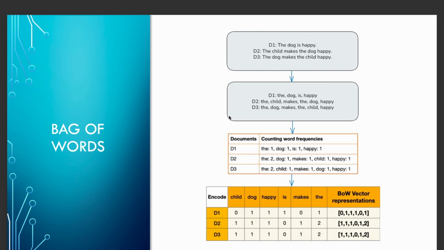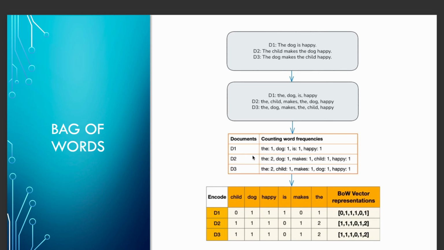we need to get the frequency of each of the tokens. In this table, as you can see, we have three documents, and for each of them we have calculated the token count. The is occurring once only, dog is occurring once only, is is 1, and for happy the count is 1.